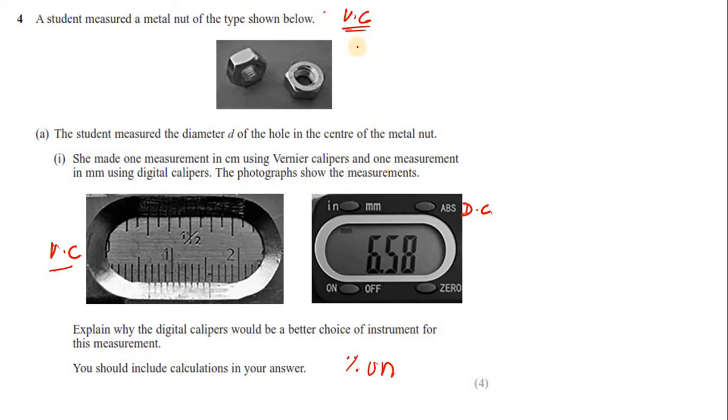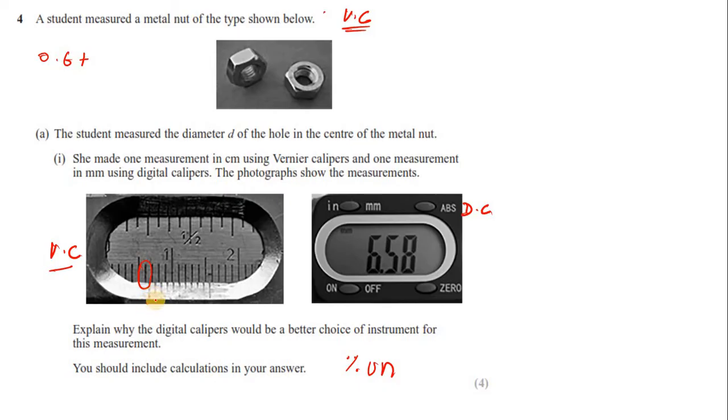So first you need to know how to read the Vernier caliper. So here you see the main scale reading is 0.6. So the main scale for Vernier caliper is 0.6 plus the Vernier reading, which is the fractional part. And for fractional part, you need to look at the best aligned line on Vernier scale.